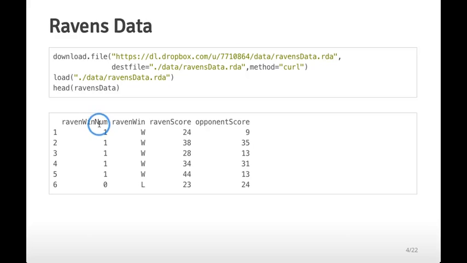For each game, I have a numeric variable that indicates whether the Ravens won or not. It's 1 if they won and 0 if they lost. Another variable is W if they win and L if they lost. A Raven score variable tells the score that the Ravens got in that game, and the opponent score is the number of points that the opponent scored in that particular game.